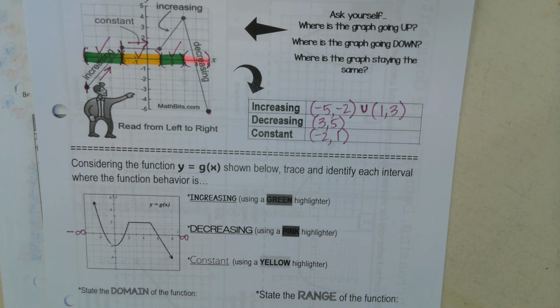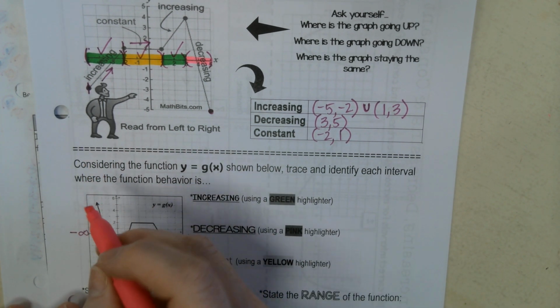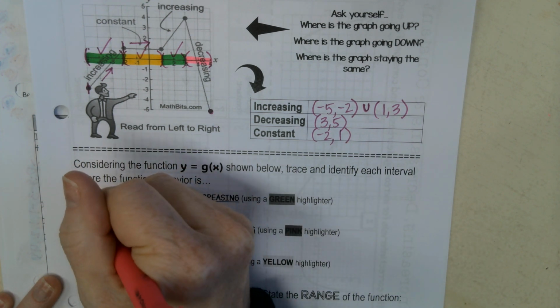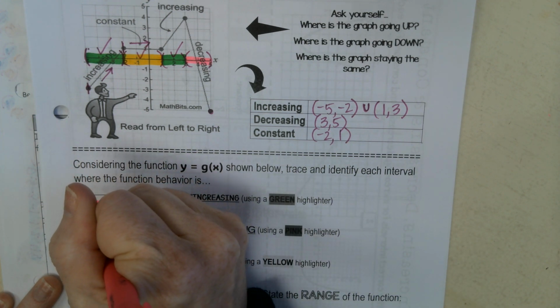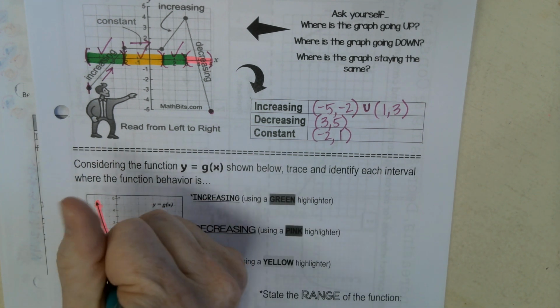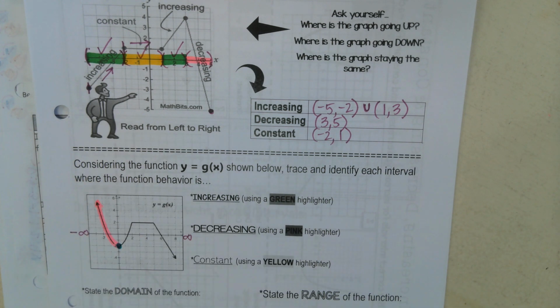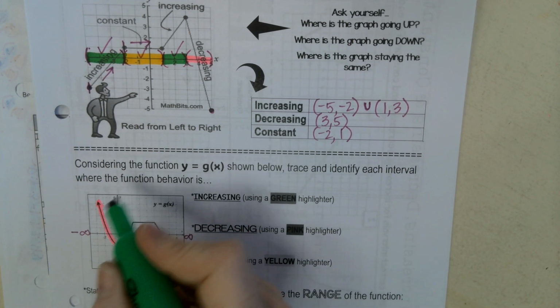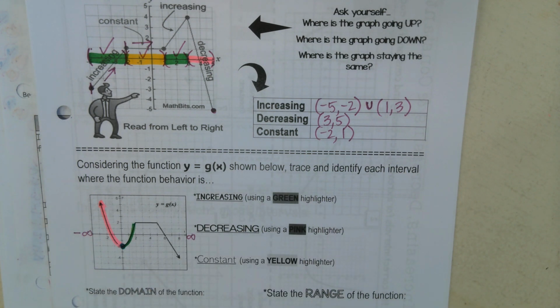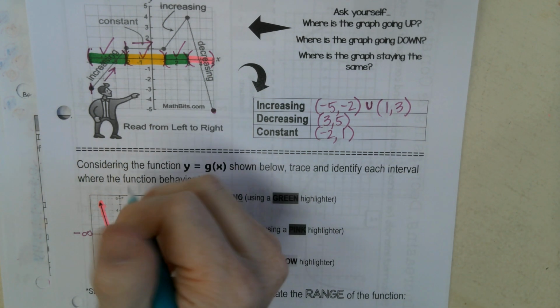So, right here, this graph is falling. There's an arrow. So from left to right, it's falling until I get right here. This is where it turns and then it starts increasing until I get here.